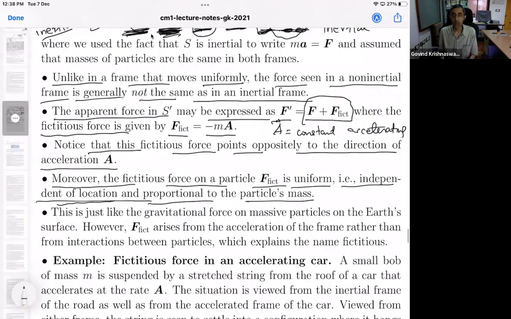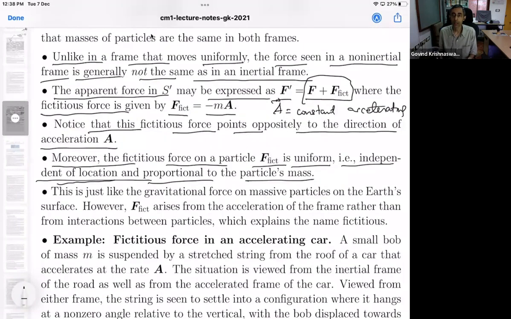Now, these statements sound a bit familiar. In fact, this is just like the gravitational force on a massive particle on the Earth's surface, right? Think of a particle above the Earth's surface nearby. The force that it feels is proportional to its mass, in that case gravitational mass.